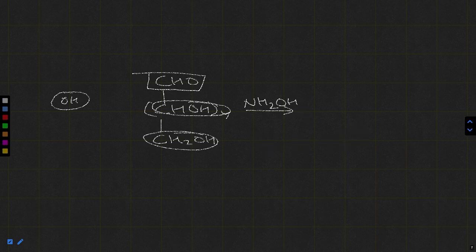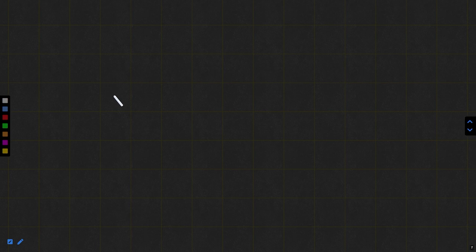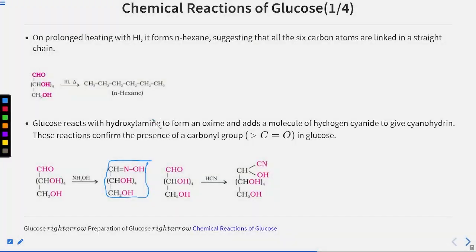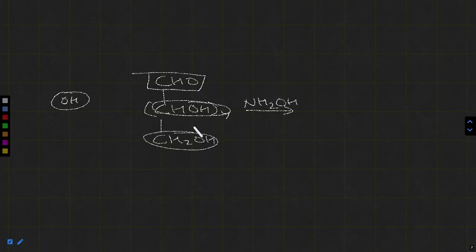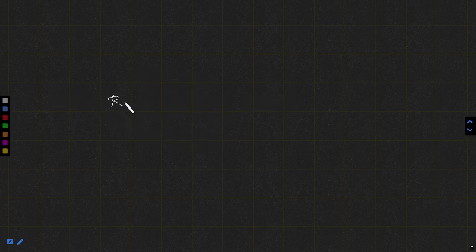So let us define it in a more proper way so that you do not get confused. Suppose I am representing all of this down part with R. Then how can it be written? RCHO plus NH2OH. Now what are the possible reactions that we can have?